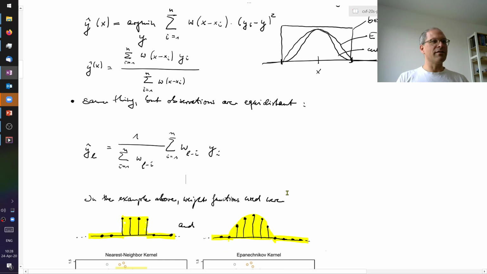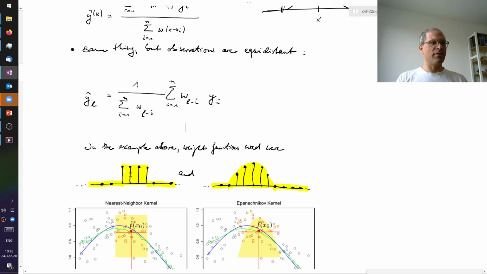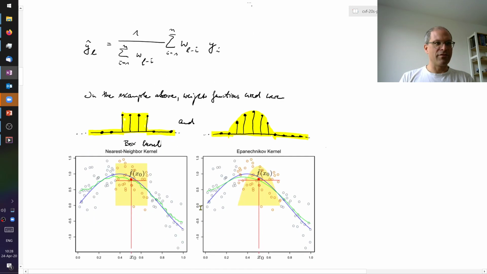Now, in the example from the textbook, the weight functions were these. On the one hand, they call it the nearest neighbor kernel, or the box kernel. On the other hand, the Epanechnikov kernel, the truncated parabola. What you see in the image here is the box kernel, showing the weights relative to this location x0 where I want to make my estimate.